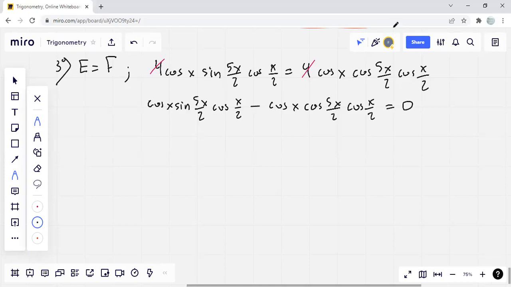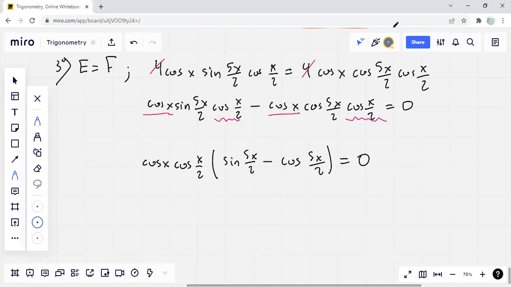As you can see, cosine x is common, and cosine x over 2 is also common. So we can take them as a common factor. This will be equal to cosine x cosine x over 2 into sine 5x over 2 minus cosine of 5x over 2 equal to 0.